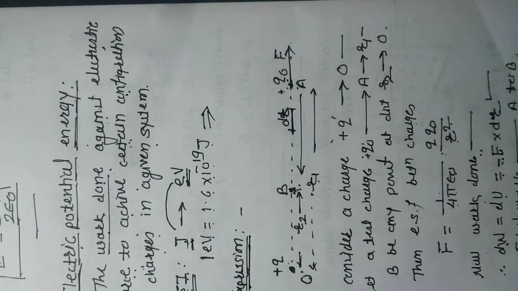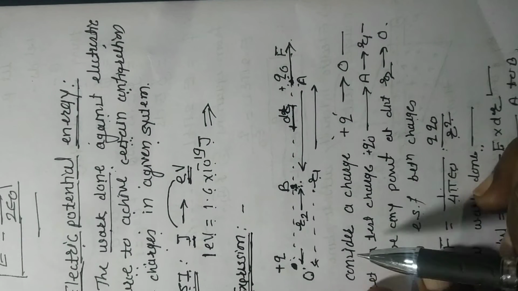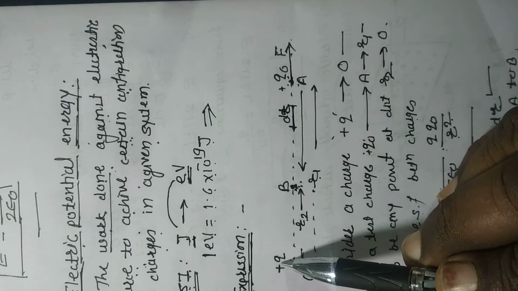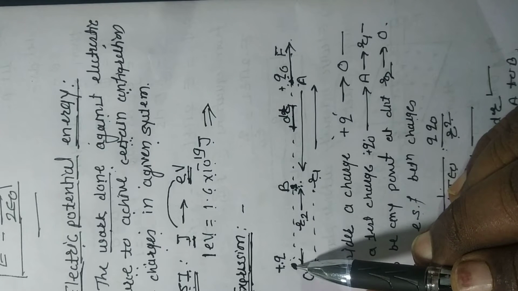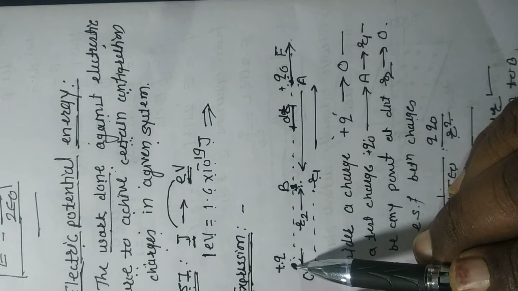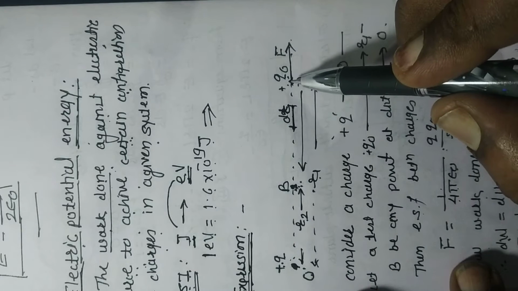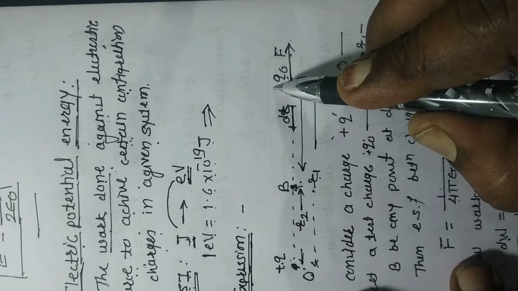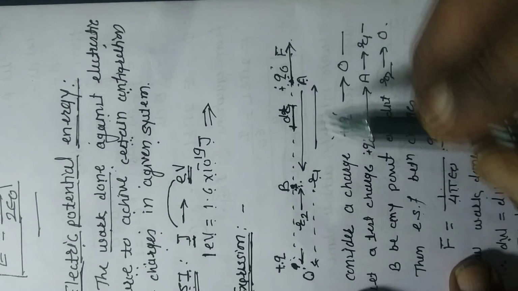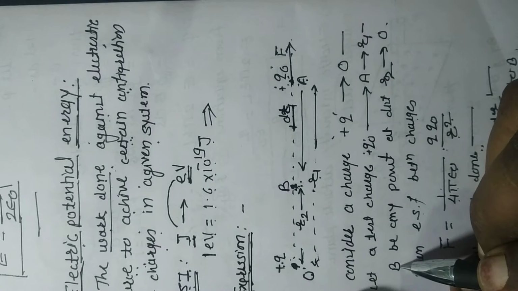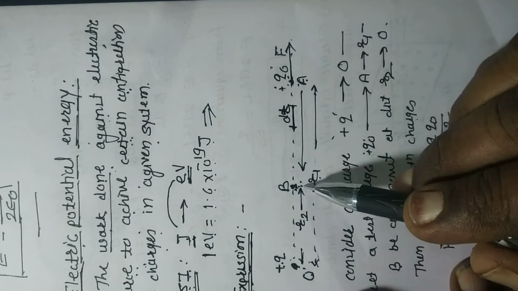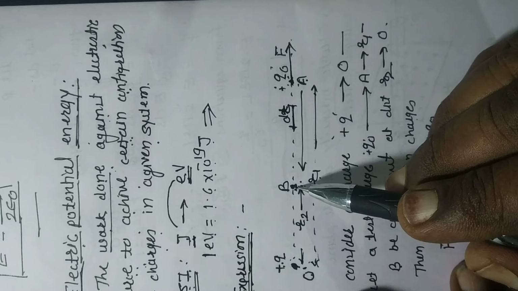Now, expression of electric potential energy. Consider a charge plus Q situated at A in air or vacuum. Let a test charge plus Q naught be situated at A at distance R1 from O. B is any point at distance R2 from O at which electric potential energy is to be determined.